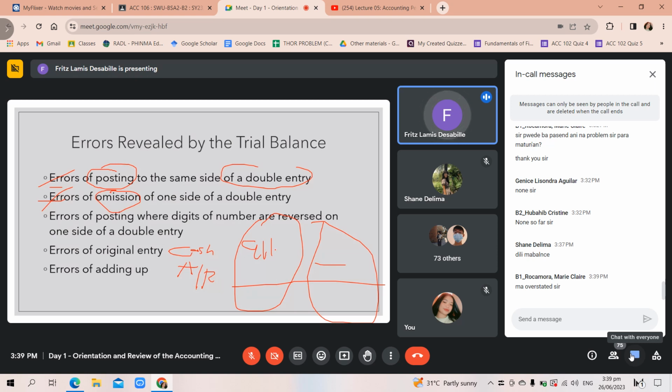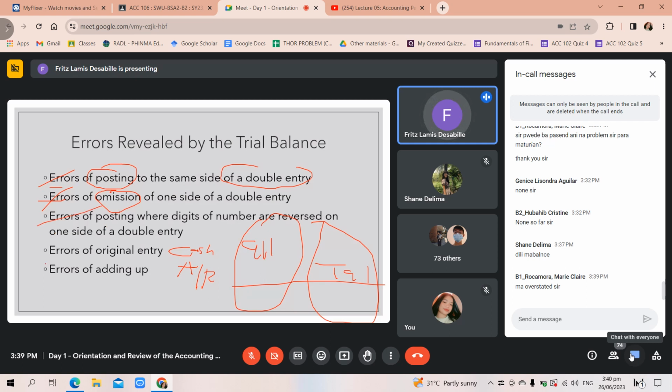Correct ning 911. Pero ang na-credit nato sa AR kay 191 lang. Nalibat ta, nagkabali ang digits. So it would result to the trial balance not being equal because the debit and the credit are not equal. So errors of posting where digits of numbers are reversed on one side of a double entry.